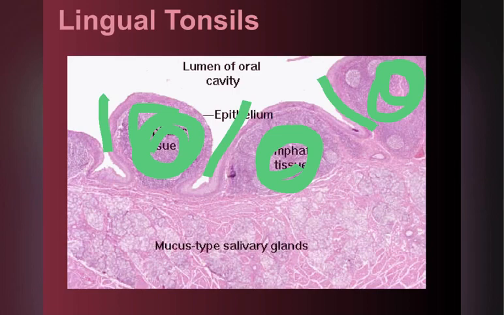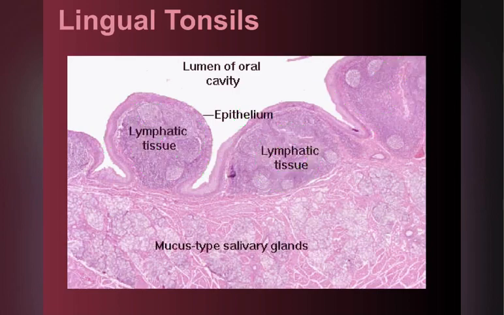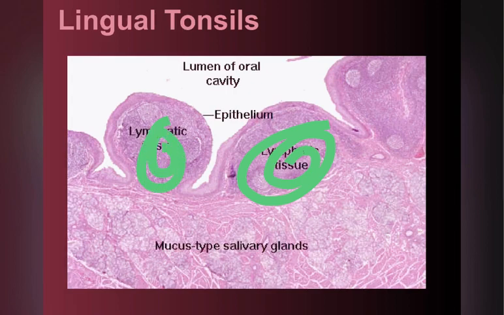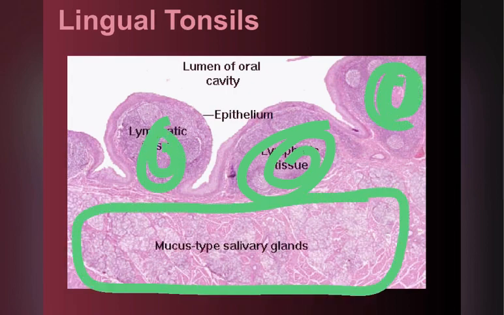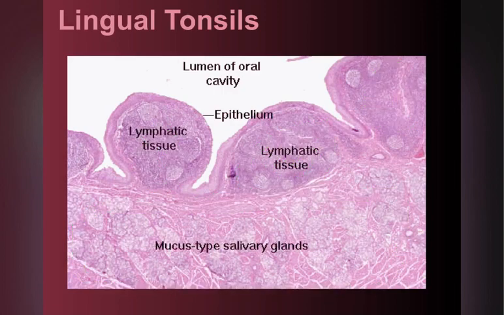So here the lamina propria and the superficial part of the submucosa contain lymphatic tissue. The remainder of the submucosa has minor salivary glands, completely mucous.